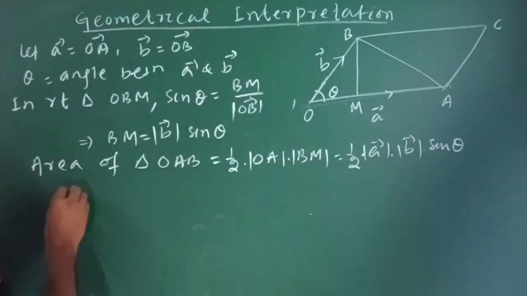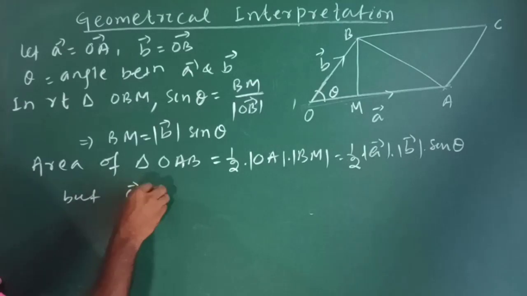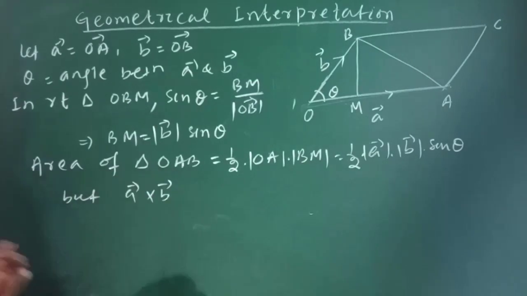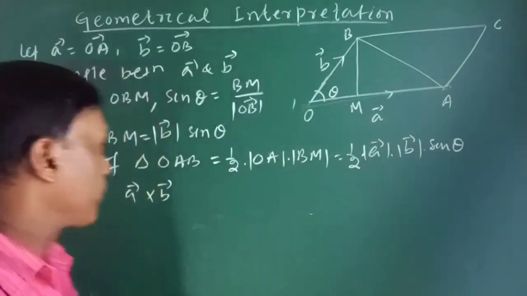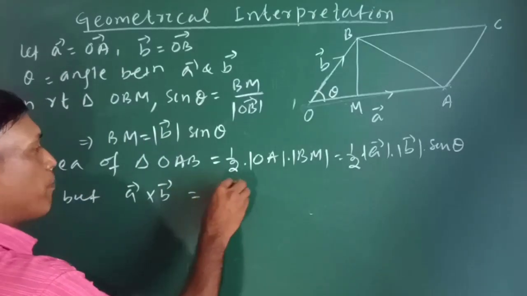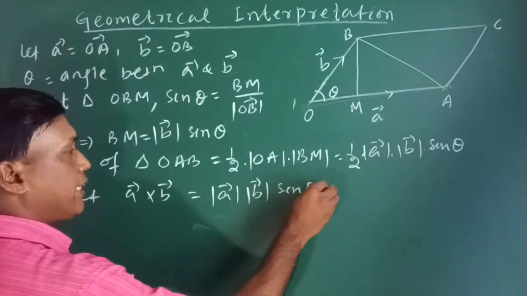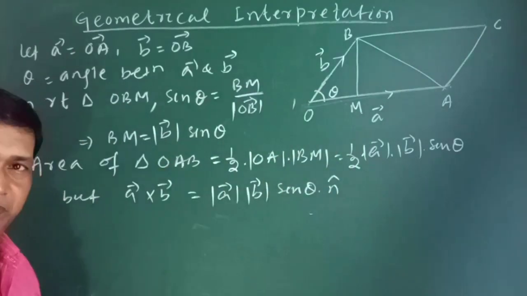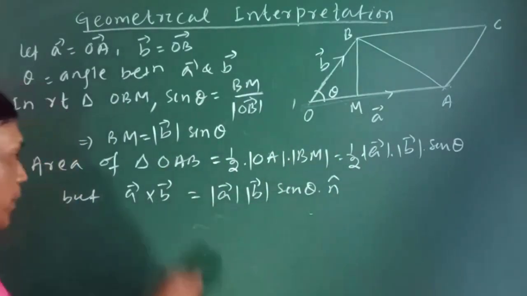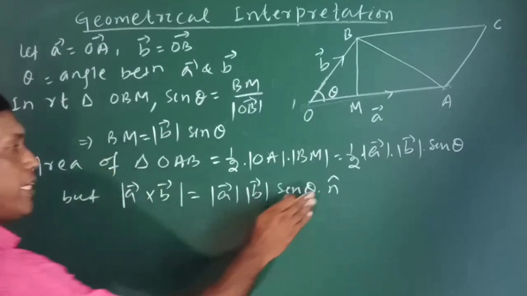But we have A cross B, the cross product of two vectors, which is magnitude of A into magnitude of B into sin theta into n cap. Magnitude of A cross B is AB sin theta.